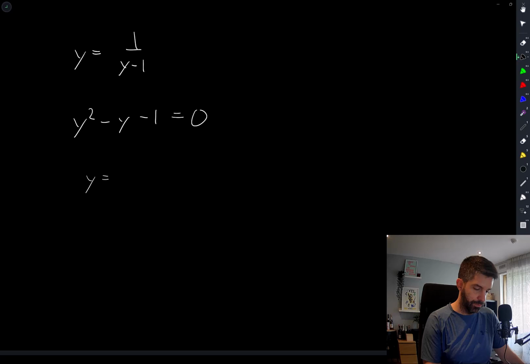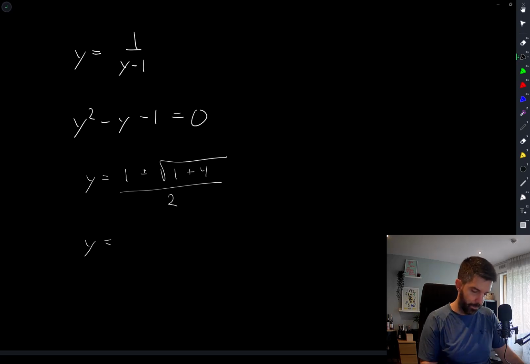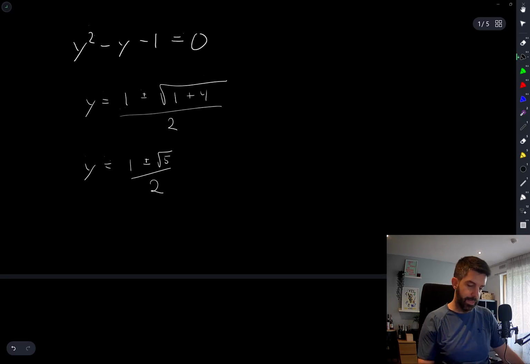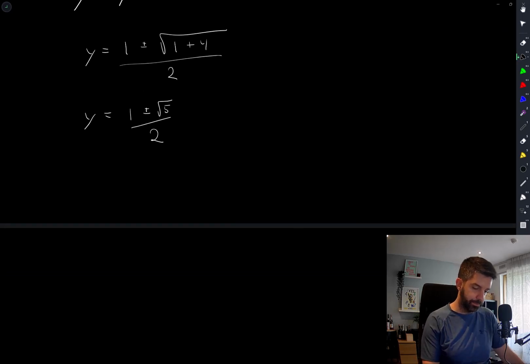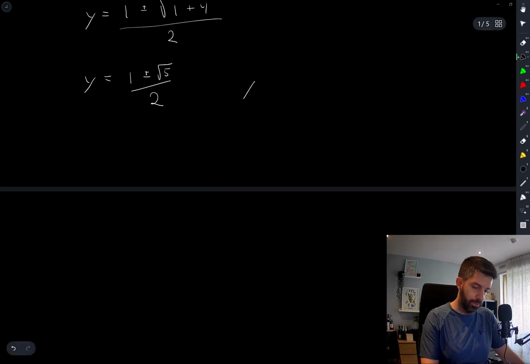So y is equal to 1 plus or minus the square root of 5, over 2. Is this the golden ratio? I never remember exactly what that expression is. Now for the positive root, y is equal to 1 plus root 5 over 2, which is about 1.6 something.